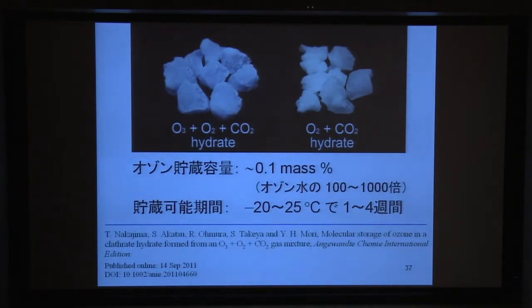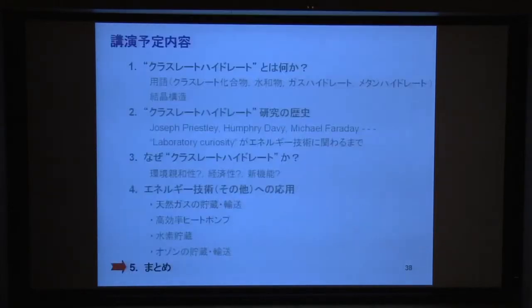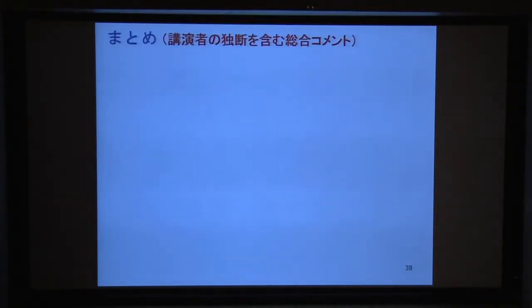So you may think it's just 0.1 mass percent. But for storing ozone, there is this ozone water that's been on the market. It can be stored for several hours to one night. And the ozone dissolved in this ozone water is hundreds or 1,000 times lower. It's quite a high concentration, so there might be this kind of way of storing. And the paper for this result has been put online. So if you're interested, please take a look at it.